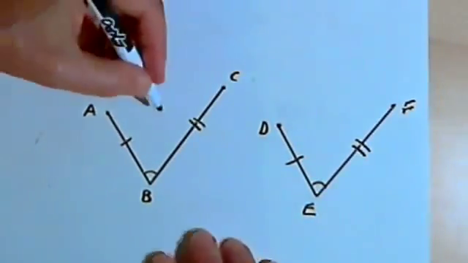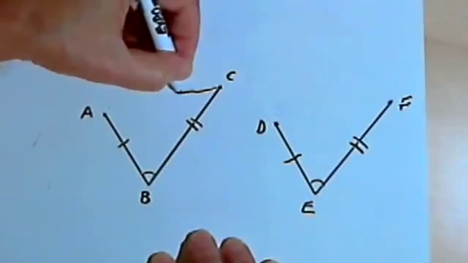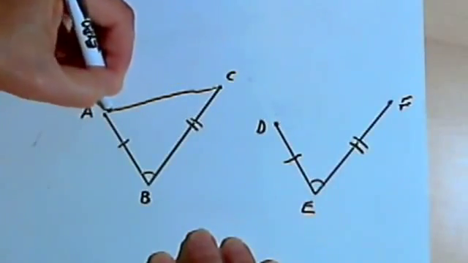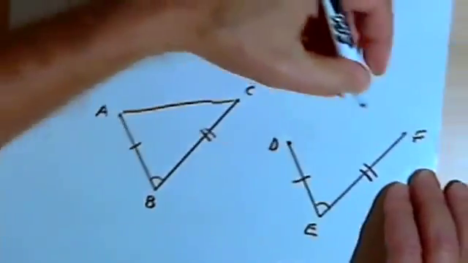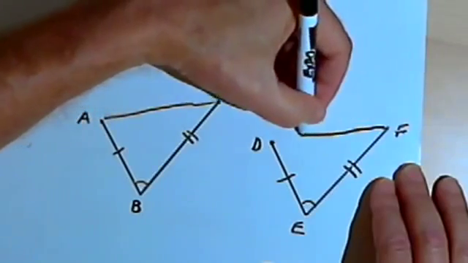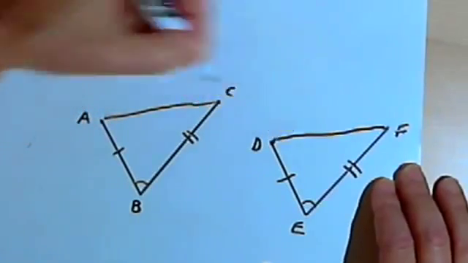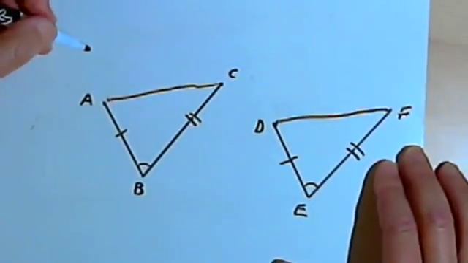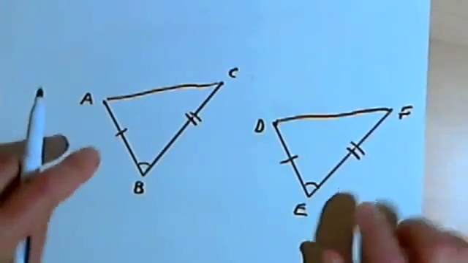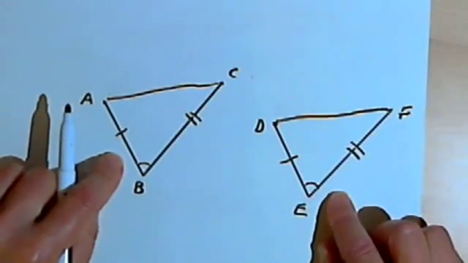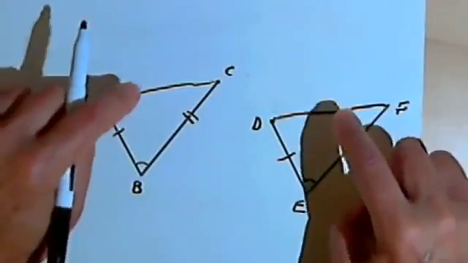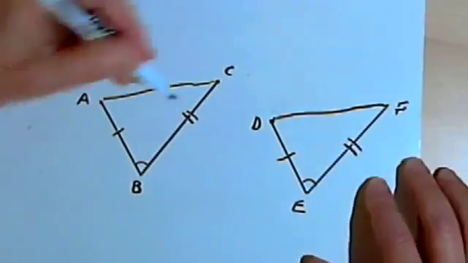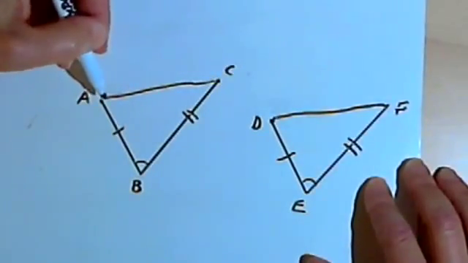Now, if I connect AC to form a triangle, I'm connecting it with a straight line. And I connect DF to form a triangle. I connect that with a straight line. Those 2 straight lines would really have to be exactly the same length because I've taken 2 identical figures and I've done identical things with them in drawing those 2 straight lines.